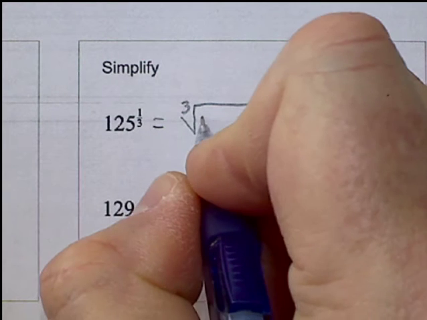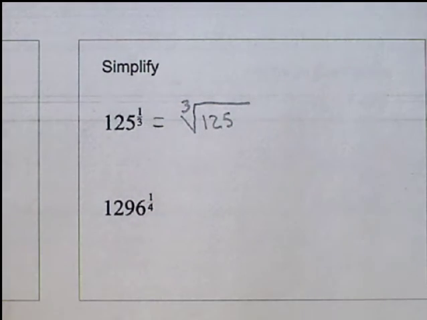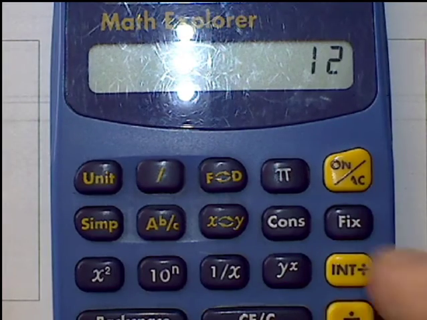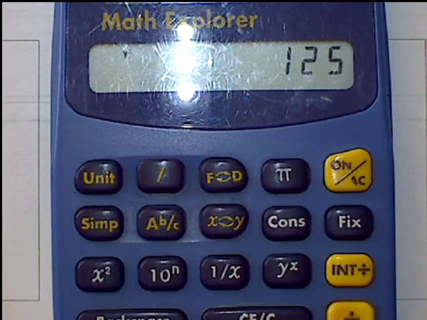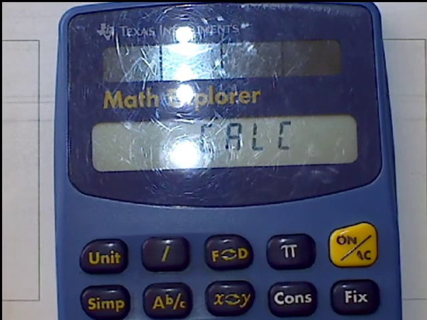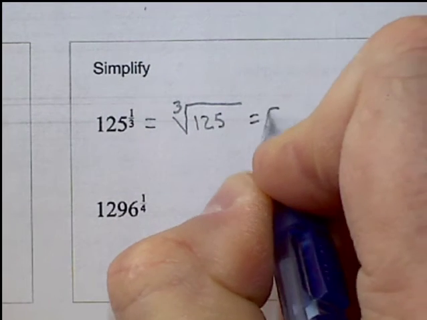So we can say the cube root of 125. Remember, your calculator doesn't have a cube root button, at least these calculators. So you would put 125 and then y to the x 1/3, and it's 5. So 5 is the cube root of 125.